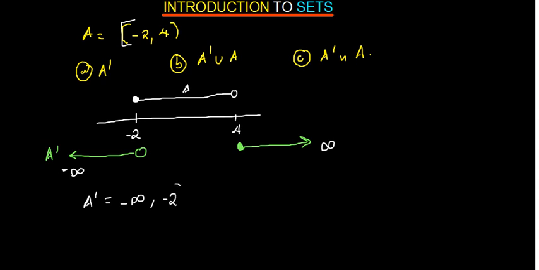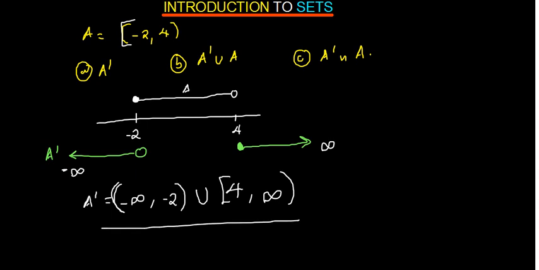At -2 I'm going to put this bracket, because I'm not including -2 here. Infinity is never included in a set, so for infinity you always use this, always. Then I'm going to say union. At 4 we are including 4, and then comma to infinity. Infinity is never included in a set, so you put that. So this is A complement.